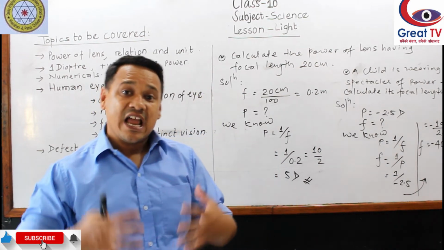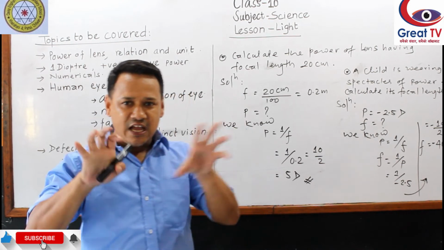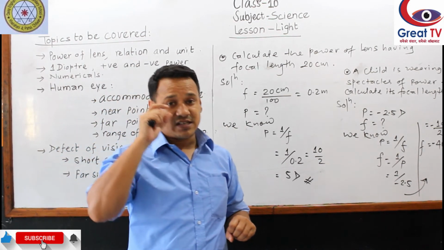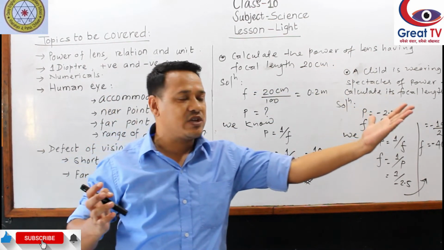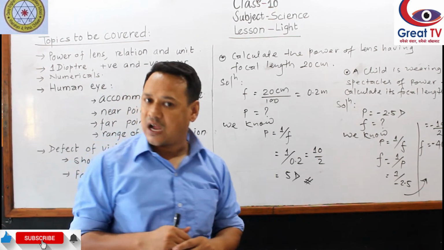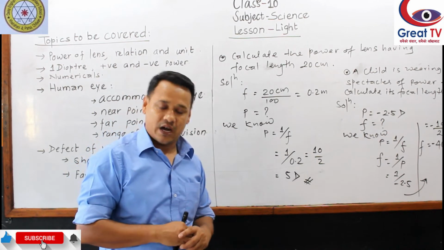Accommodation of eye means ability of eye, capacity of eye, to make a clear image at the retina of far or near objects. Far objects also we can see, near objects also we can see, by changing the focal length of the eye lens. So this is called accommodation of eye.